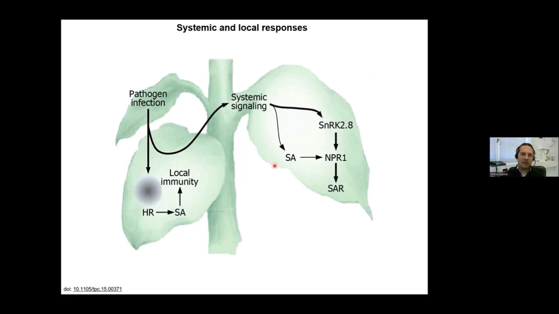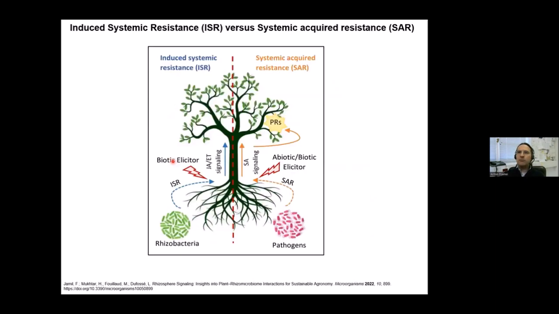By the way, there are also volatile signals which go from plant to plant, and it has been shown that plants can even warn other plants, even not from the same species, if they are under attack. So there are two principal ways of systemic or induced resistance.